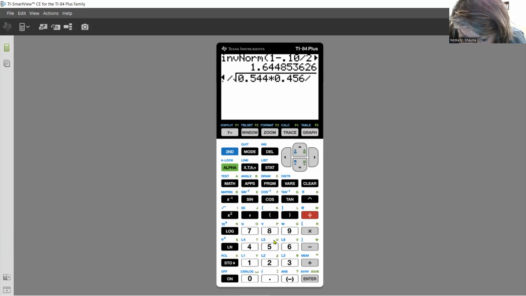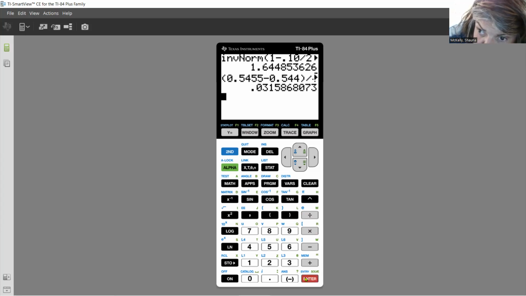These come from our population proportion and then our sample size. This answer is 0.0316.